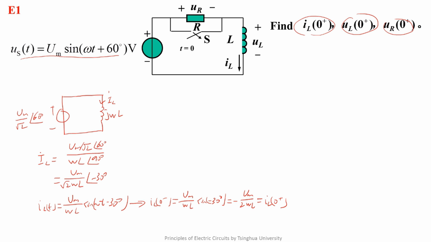In order to find UL0 plus and UR0 plus, we need to draw the 0 plus equivalent resistive circuit, in which the voltage source should be the US at t equals 0, like this. Now the inductor is substituted by the current source, whose value is the 0 plus value.